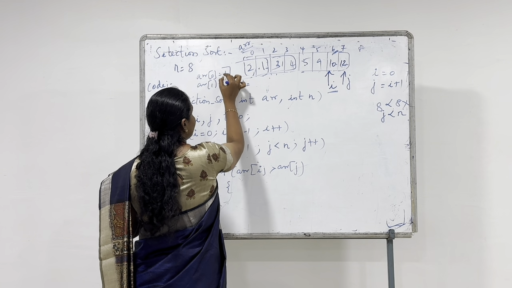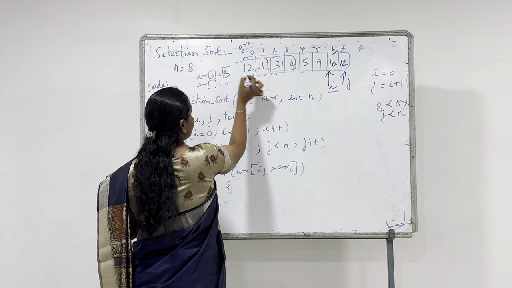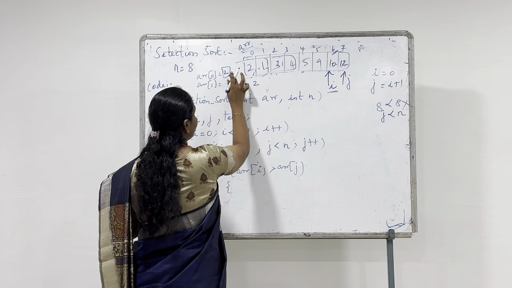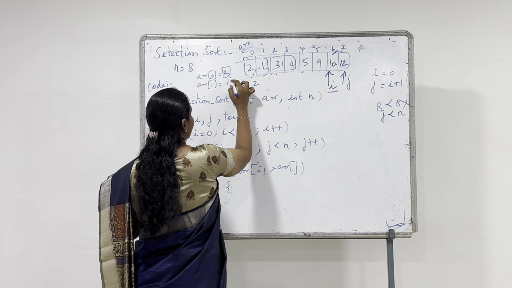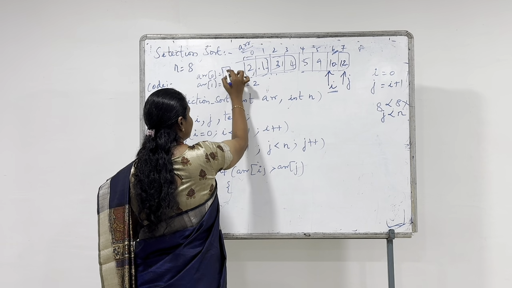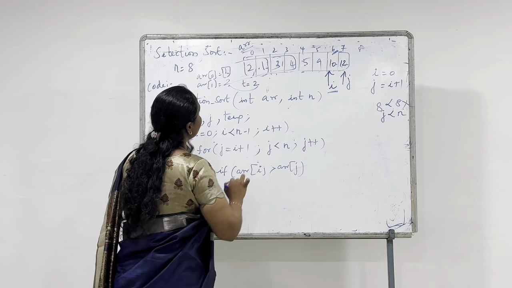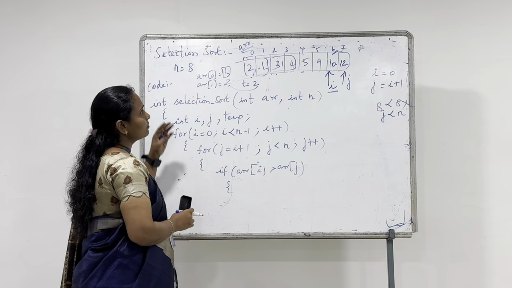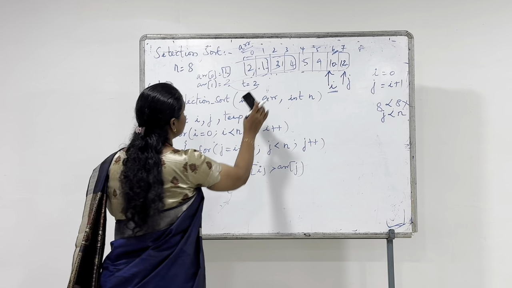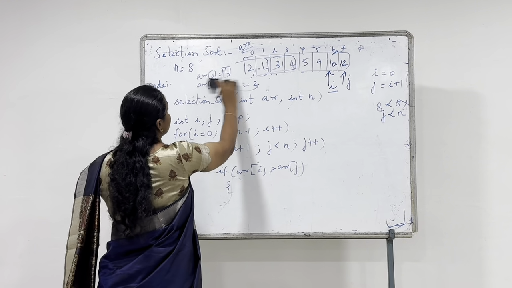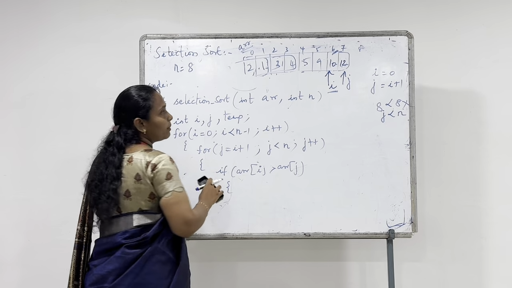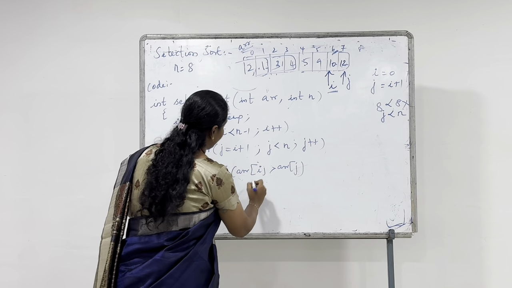Temporarily we store this value here, then we replace this with 1, and then we store the temp value here. So this is how we can implement swapping using a temporary variable.